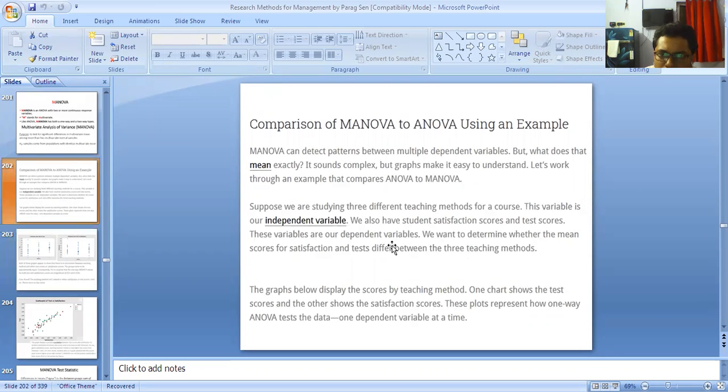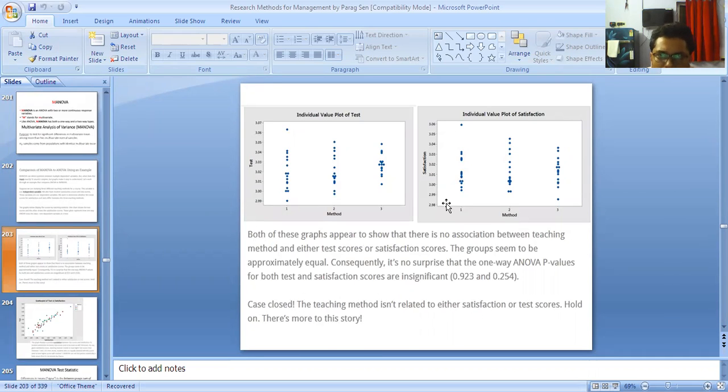What are you actually performing? First have a look at this graph. You are using three different teaching methods. This is one teaching method, this is the second, and this is the third.